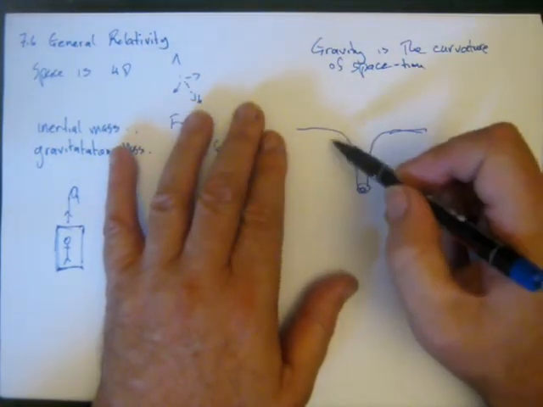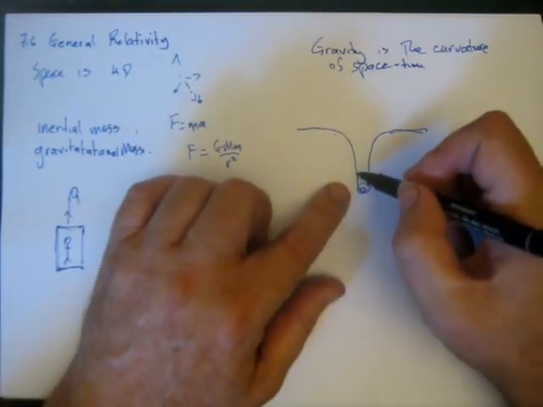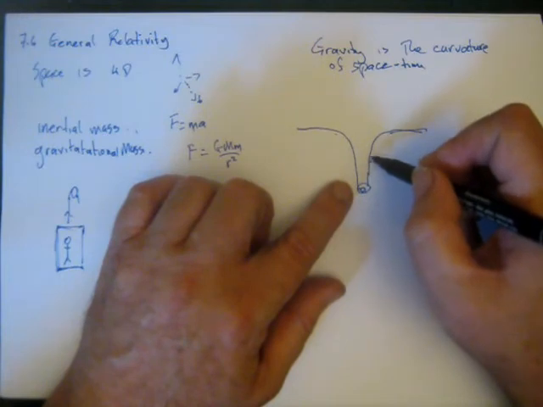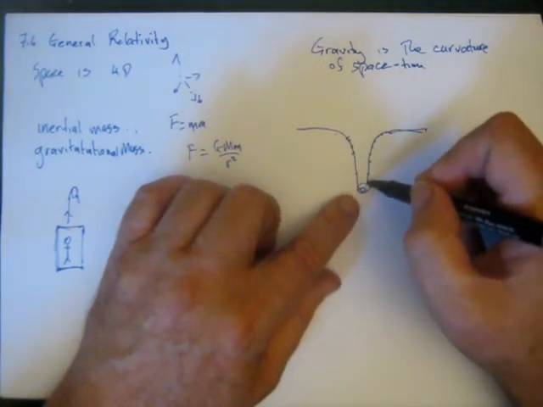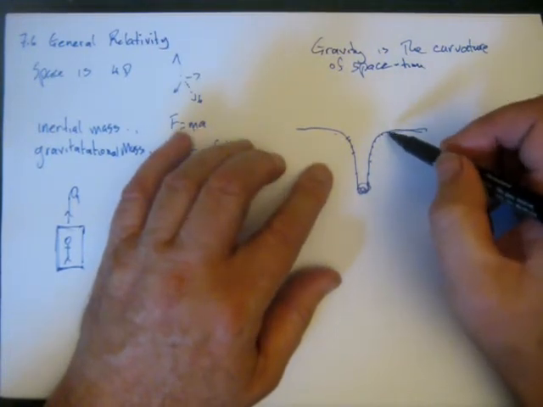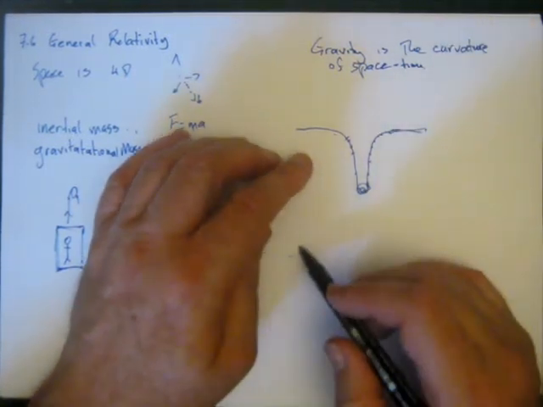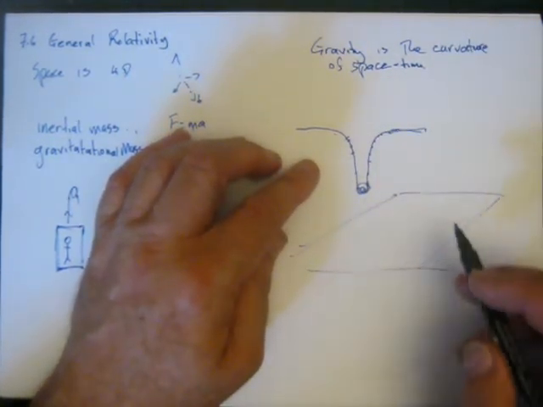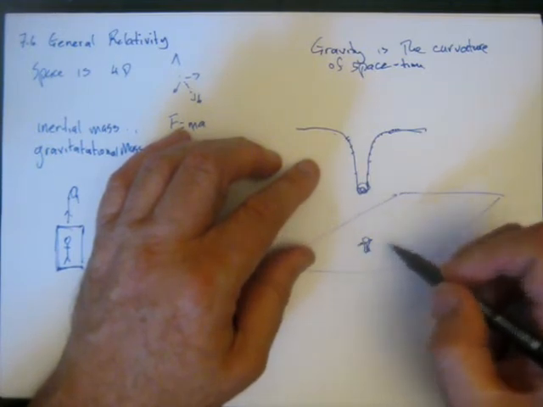And the heavier the mass, the stronger the curvature, and the deeper it is. So gravity is basically where you are on that curve on space-time. As the gradient gets steeper, the gravity gets steeper, as it gets higher. As you get further away, it gets less. I mean, the classic way of thinking of this is if you have a big rubber sheet and you drop a marble in here, you get a little curve, a little hole.